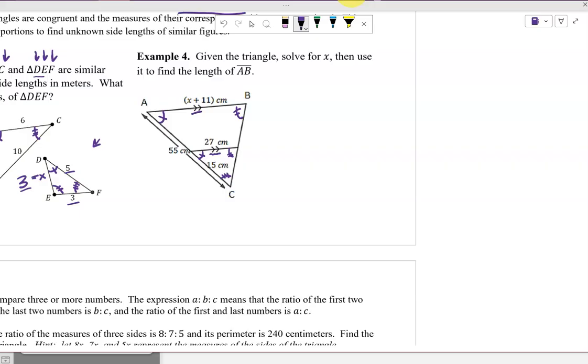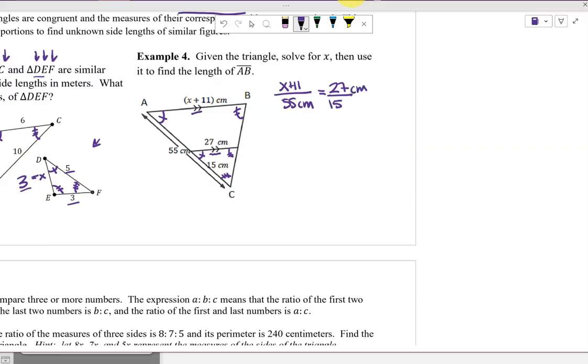So we need to find the length of AB. All right. So the length of AB, x plus 11, is the full top of the bigger triangle. So the full left of the bigger triangle, which is 55 centimeters, has to equal the top of the smaller one, which is 27, to the left side of the smaller one, which is 15.